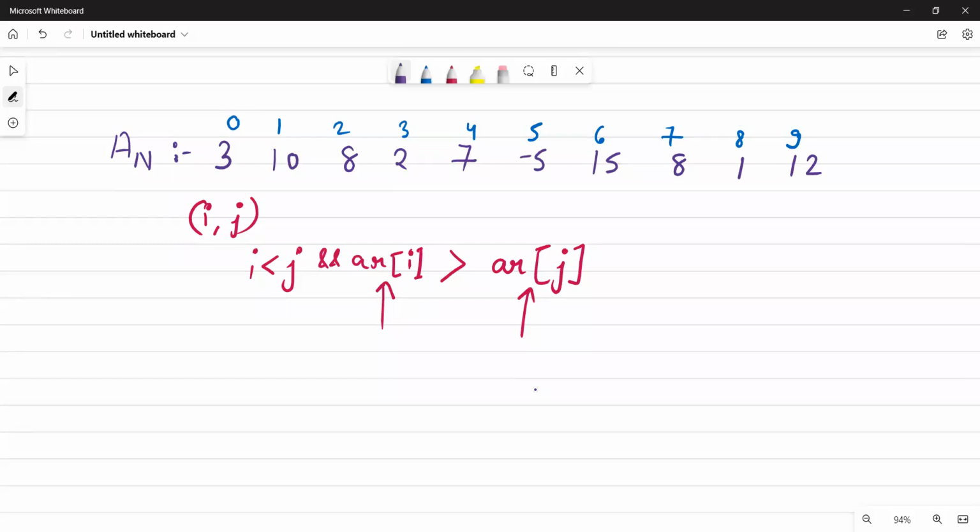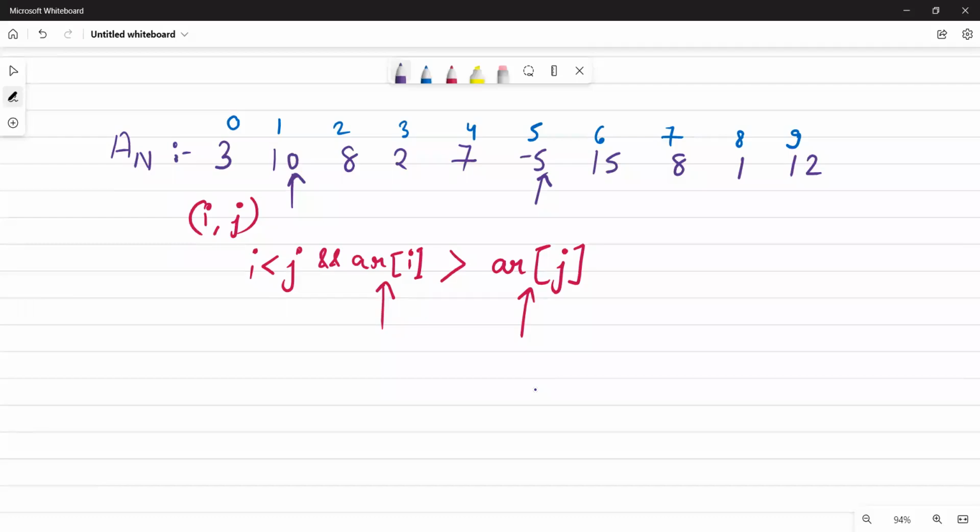It should be continuous. No, it can be anything. Like I will say 10 and -5. This pair is also valid, right? 3 and 2, 0 and 3 index. Yeah, correct. Just tell me in a proper way.